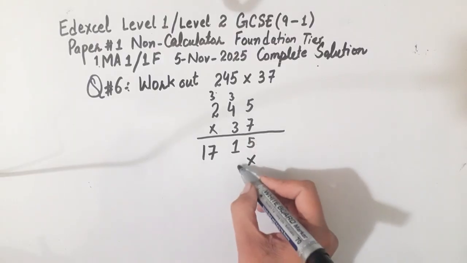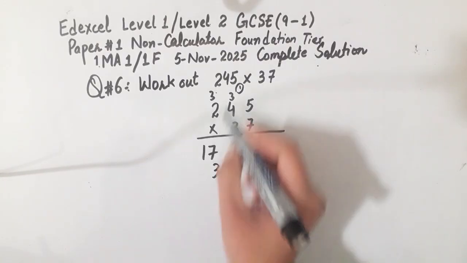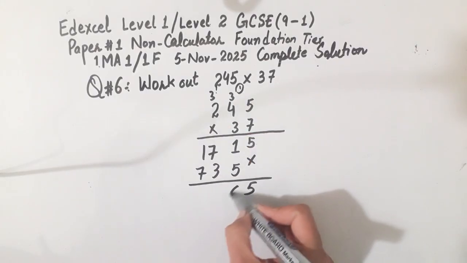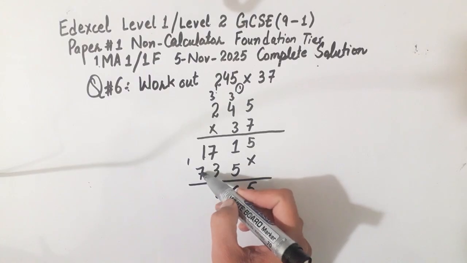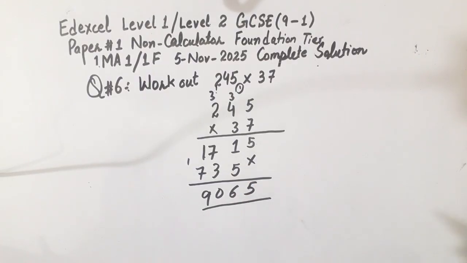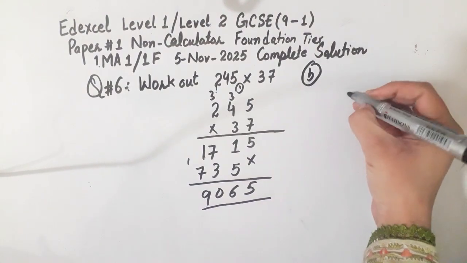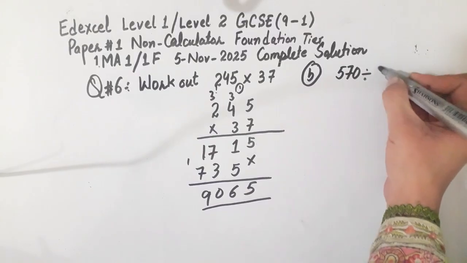And then 5 3s are 15, 4 3s are 12 and 13, 3 2s are 6 and plus 1, 7. So we get answer equals 9065.